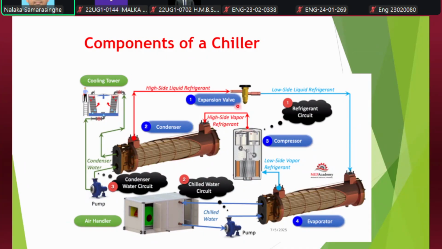And other components are also the expansion valve. The important thing here is that the refrigerant is running only within these units, even though you have to transport cold water to various parts of the building, covering a large distance.